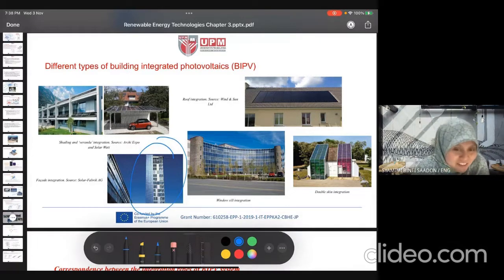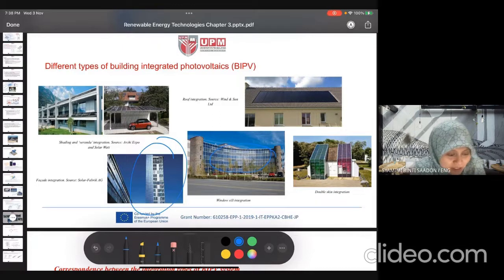It looks beautiful, right? That is why for office buildings or hotels, especially in European countries overseas, they tend to use this facade integration, because aesthetically the design is very beautiful.